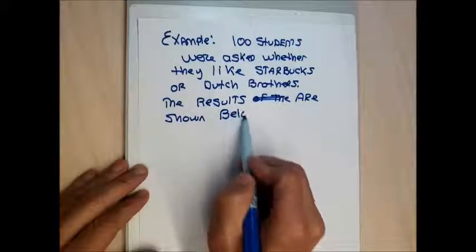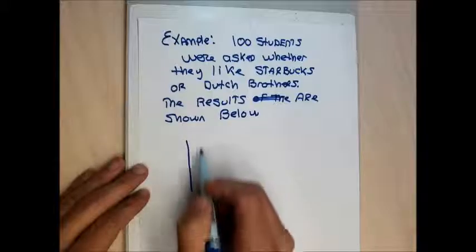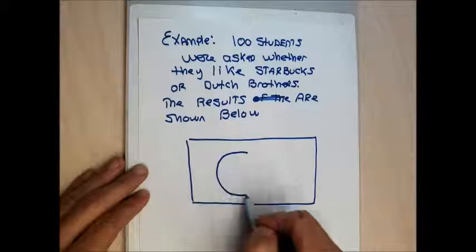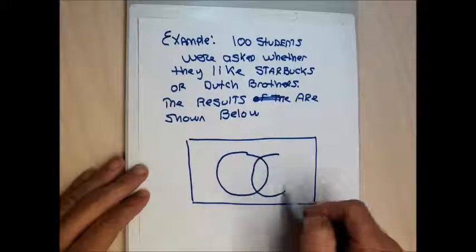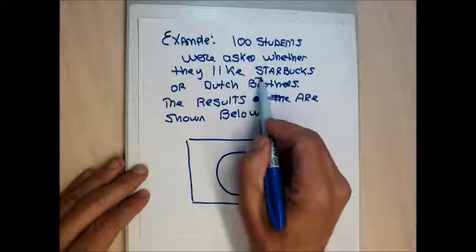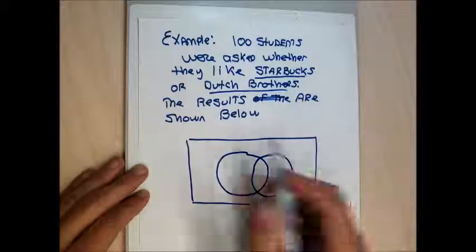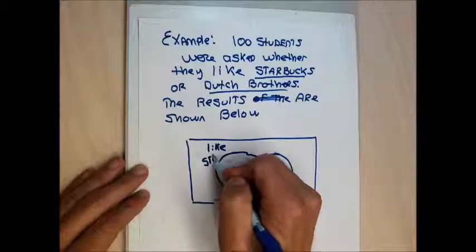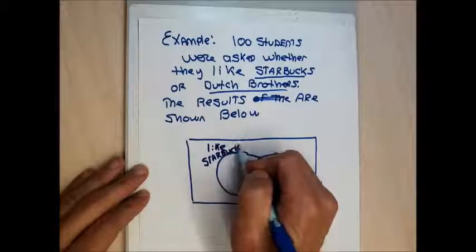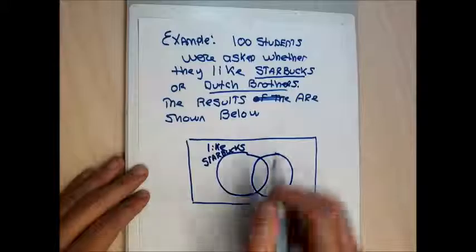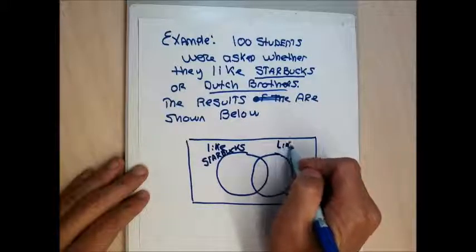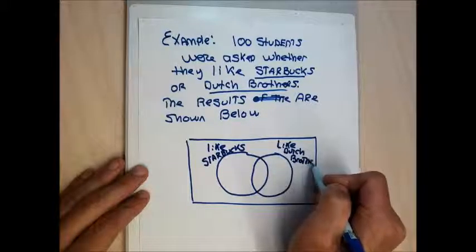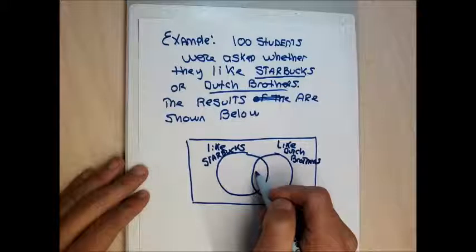And we're going to show those results in the Venn diagram. And it's going to be a 2-circle Venn diagram as opposed to a 3-circle Venn diagram because there are 2 different companies students were asked about. So I'm going to make the left circle represent the students that like Starbucks, and the right circle the students that said they like Dutch Brothers. Let me just throw some numbers in here.